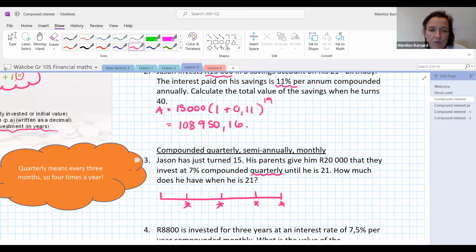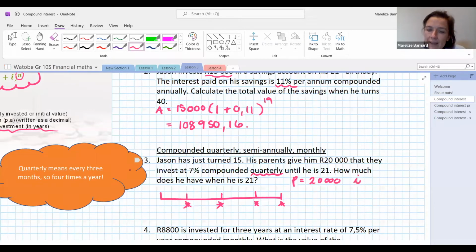So let's look at this example. He has just turned 15. His parents give him 20,000 Rand that they invest at 7%, compounded quarterly until he is 21. How much does he have when he is 21? We can tell that there are 6 years that pass, and our principal amount is 20,000.